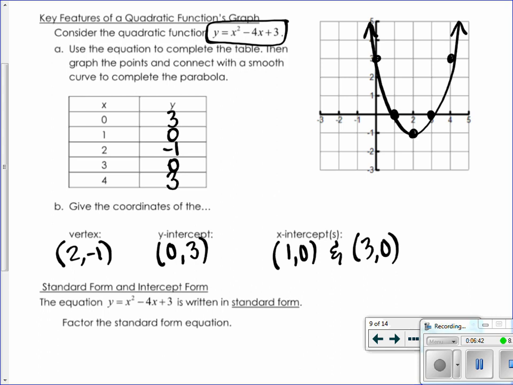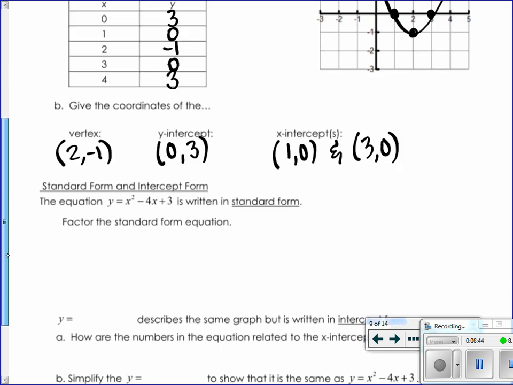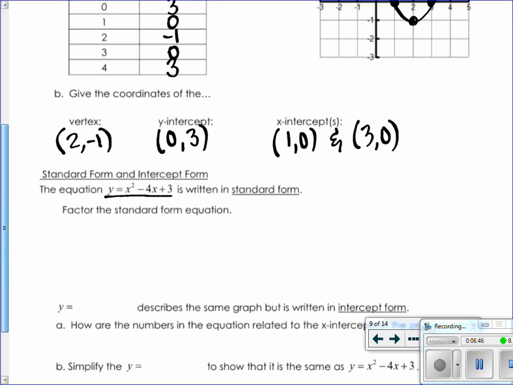Okay. So this is our standard form. Whether or not you knew it, we were having things in standard form and we were factoring them. So let's do that. Let's factor this. Take a stroll down memory lane of last week.